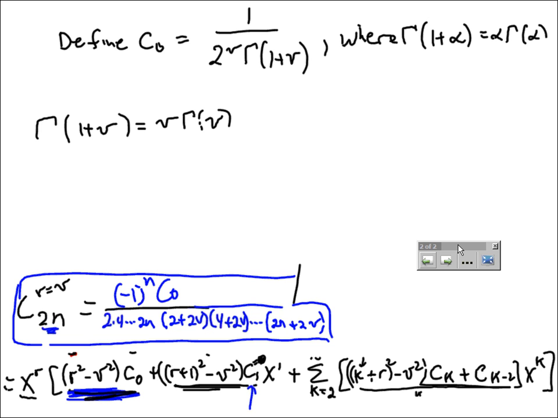Now, gamma of 2 plus V, think of that as gamma. See, if you have gamma of 1 plus anything, you get the anything times gamma of the anything. Well, 2 is 1 plus 1. But it's 2 plus V is 1 plus V plus 1.